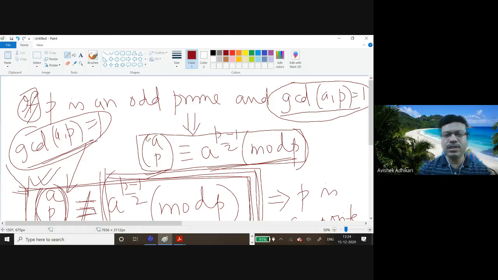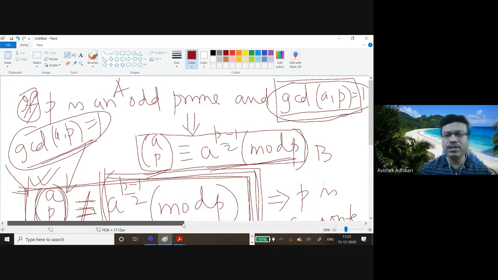Now what is it in terms of negation? If you consider this to be A and this to be B, don't consider this one, because I already have GCD of A and P equal to 1. So statement A is P is an odd prime, and GCD is already given. Then that will imply the equality, the statement B. Now what is the logical equivalent of this?